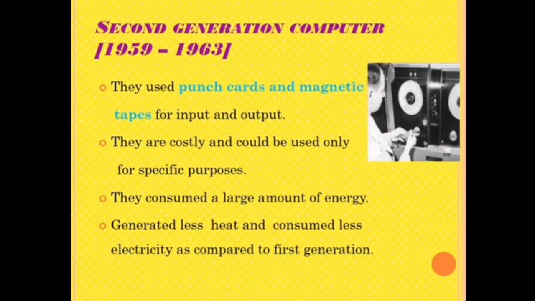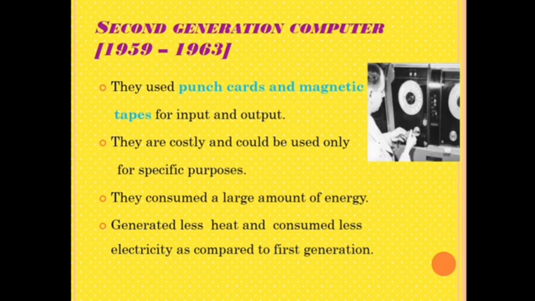This is the magnetic tape for input and output. They are costly and could be used only for specific purposes. They consumed a large amount of energy, generated less heat and consumed less electricity compared to the first generation.